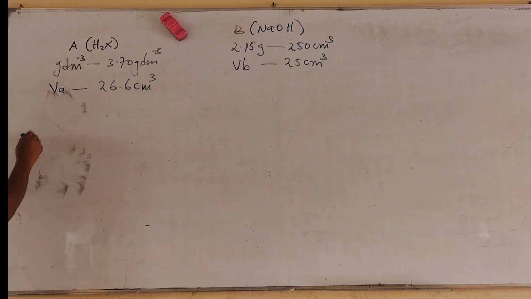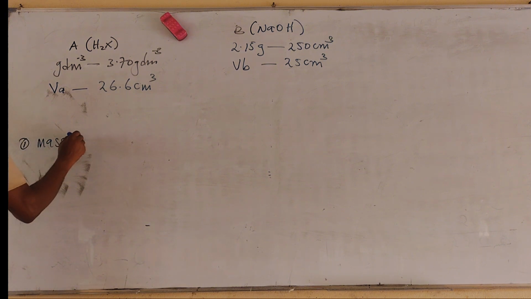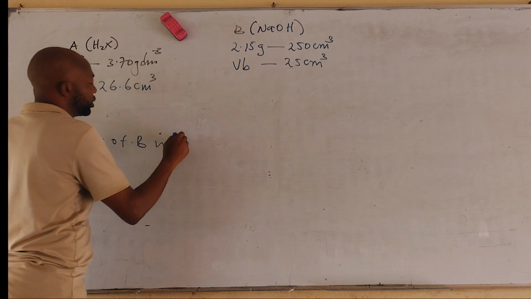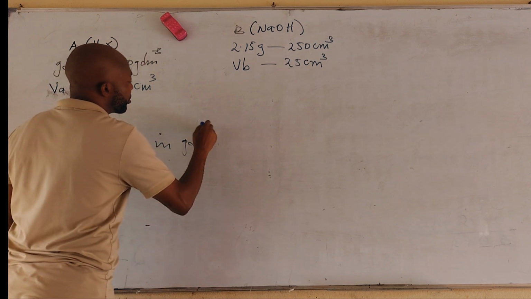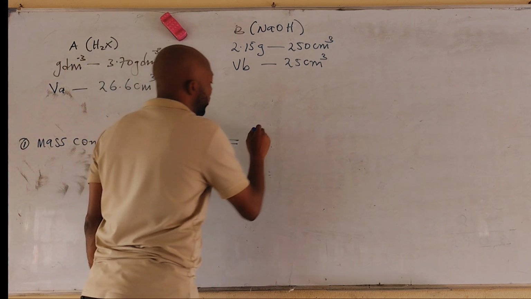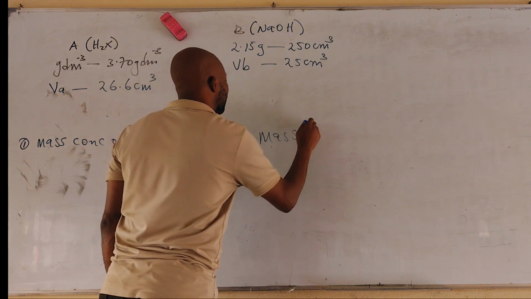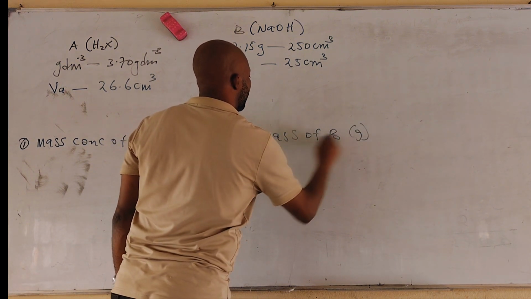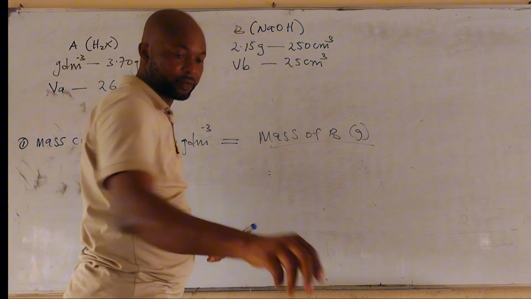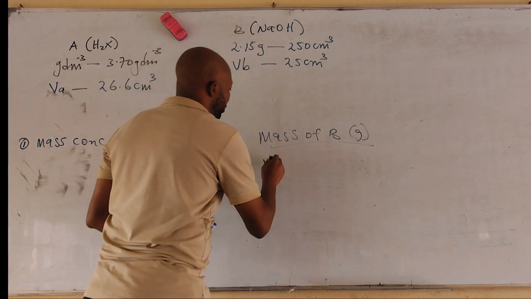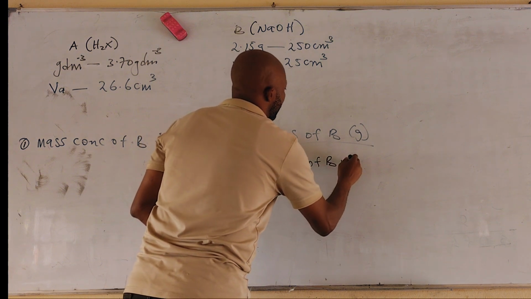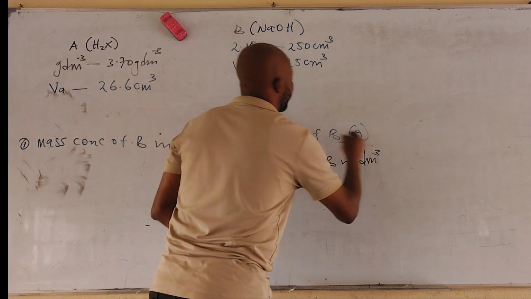So 1, mass con of B in g per dm cube is equal to mass of B in gram over volume of B in dm cube.